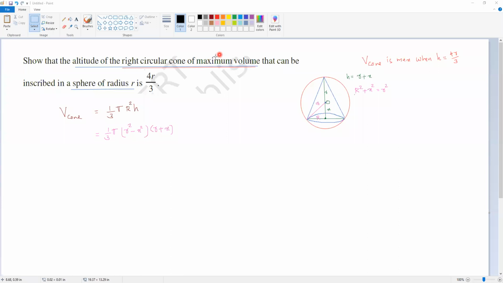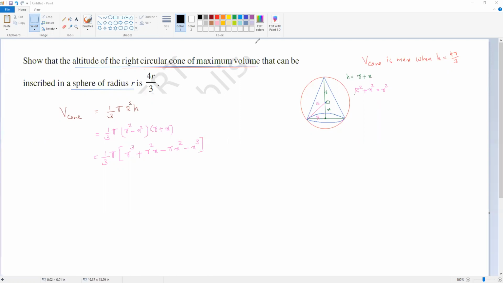Now either you can expand, or you can directly differentiate. If you expand, 4 terms will come, which is like this: 1/3 pi into r square into r plus x, so r cube plus r square x minus r x square minus x cube.